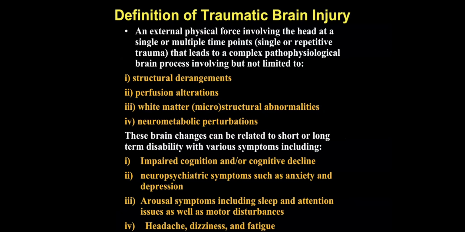It could be one traumatic event, it could be repetitive physically traumatic events, and it can lead to a complex pathological set of brain abnormalities that could involve, but are not limited to, structural changes, changes in the actual physical size or structure of the brain, perfusion alterations, changes in how blood flows into the brain, often leading to decreased blood flow, white matter microstructural abnormalities, which could also impair the wiring of the brain, called the connectome. We can have underlying changes in the neurometabolic composition or neurochemistry of the brain. So these are the neurometabolic building blocks of neurotransmitters, for example, and cell membranes.